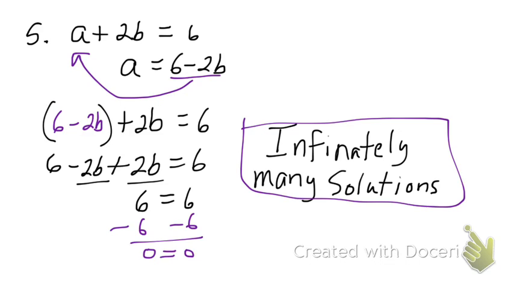That's why we end up with 0 equals 0 or 6 equals 6. Anytime this happens, we have infinitely many solutions. What this means is these are the same line. In fact, if you look at the first equation, if you solve it for a, then you get the second equation. So they are the same equation. All right, and that's the end of this lesson.